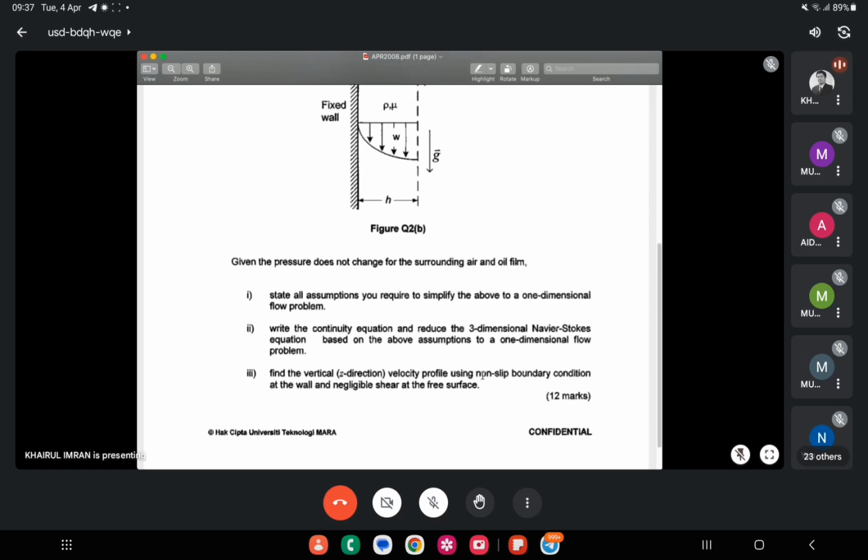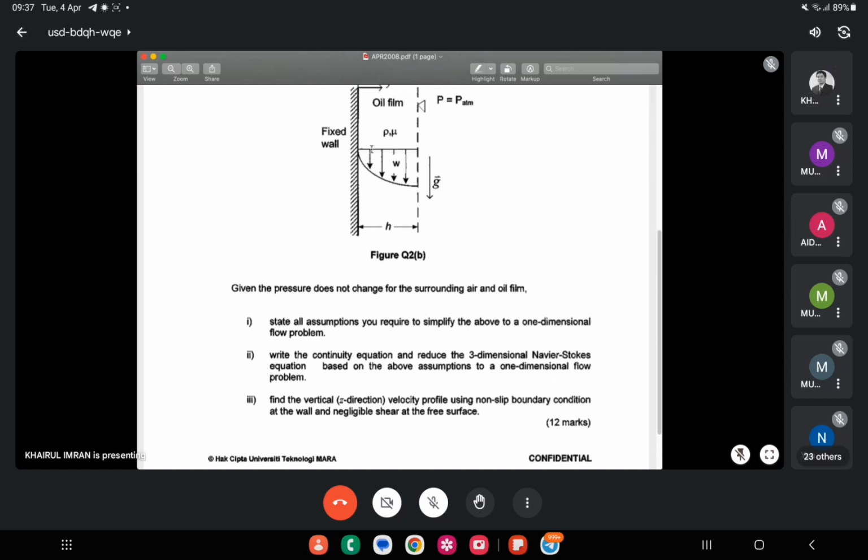Okay, so I want to explain this, the non-slip boundary condition. What it means by non-slip boundary condition at the wall is that whatever happened with the wall, that is what happened to the fluid. Let's say if the wall is fixed, it means the fluid velocity should be 0.